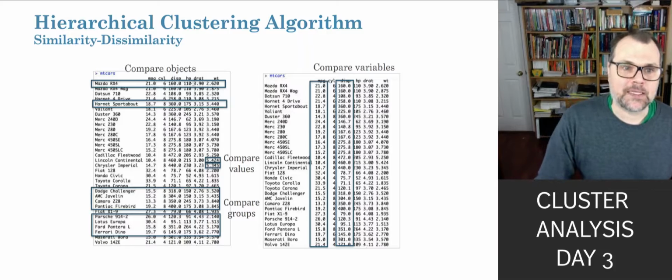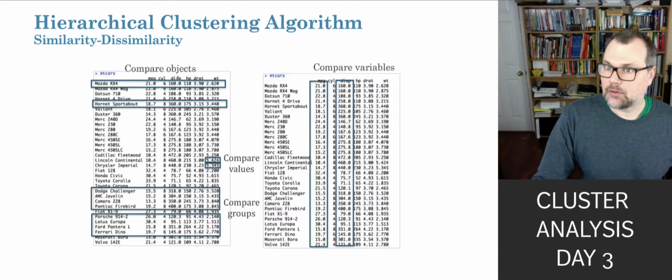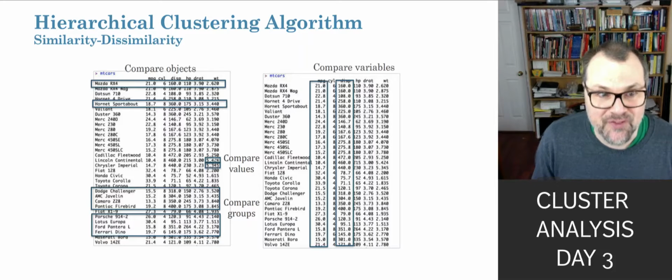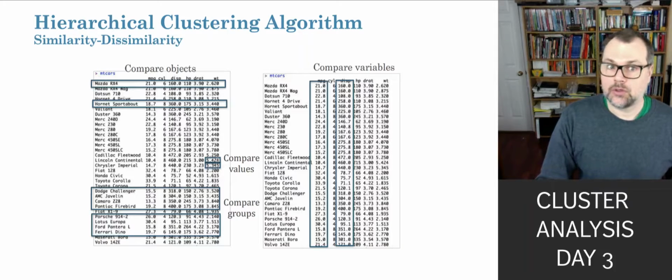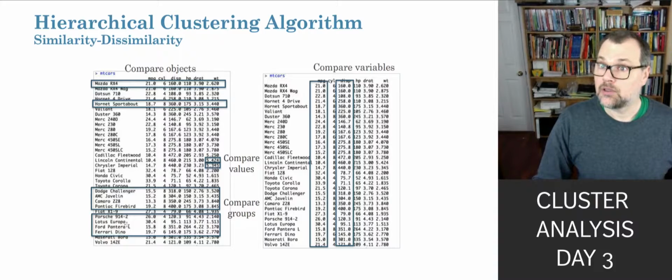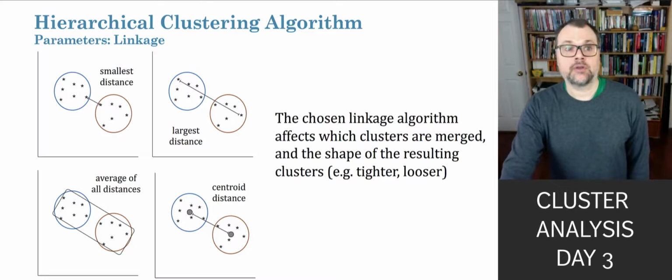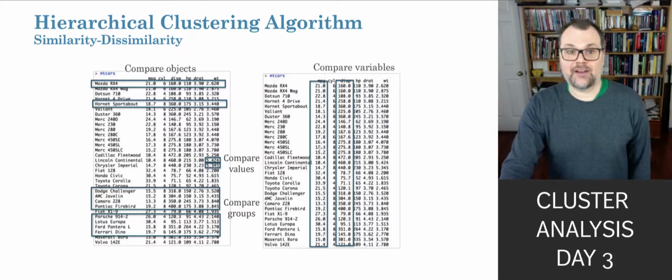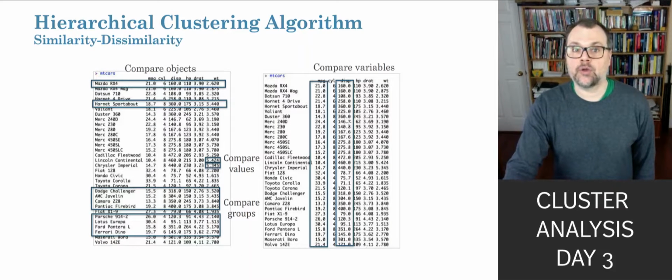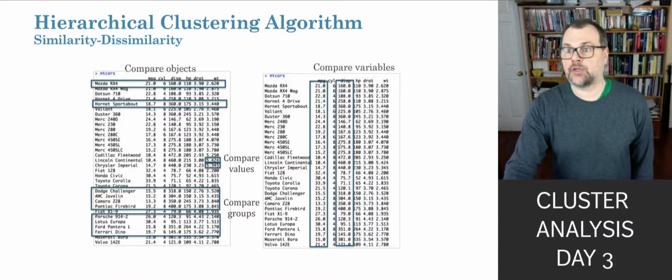We can decide to compare objects, like one car with another car, or we can compare specific values, for one car for one variable, for another car for the same variable, or we could compare groups of cars, see if the groups are alike. But you can also compare variables. Say, how does the MPG variable as a whole compare to the displacement variable as a whole? This is also something you can do.